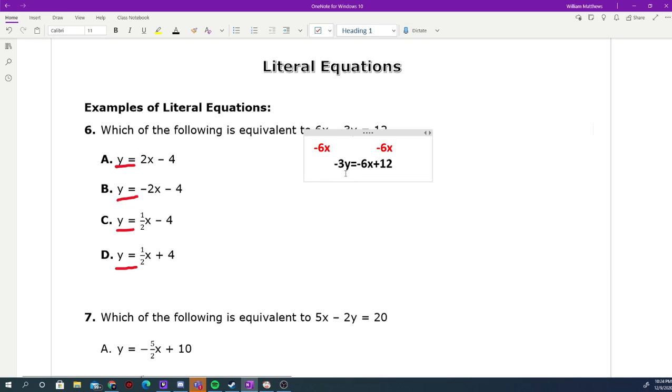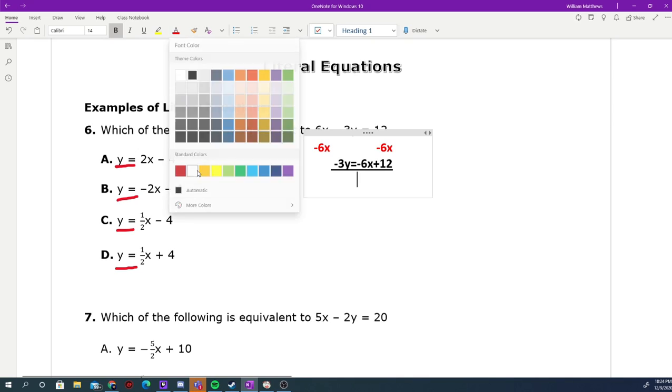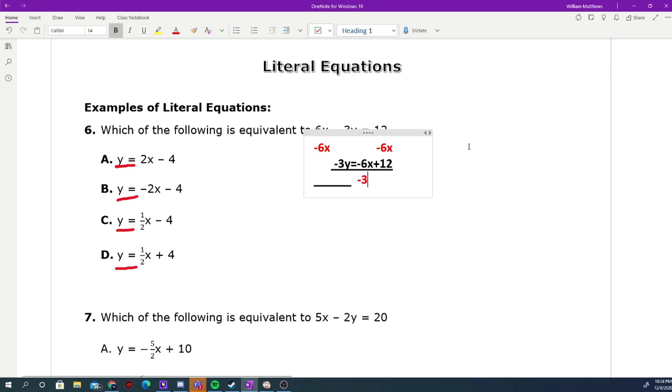Now, we're not done yet. We still have the coefficient that we need to get rid of. And we do this by dividing the entire equation, both sides, by the coefficient.